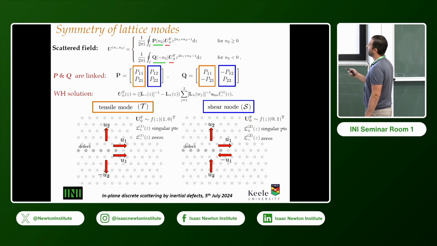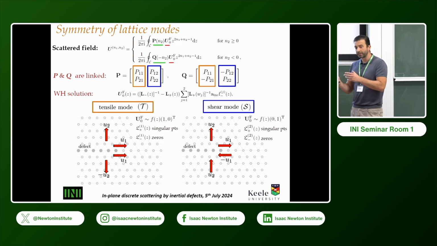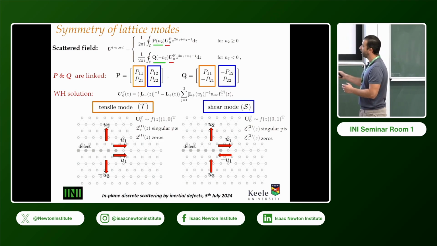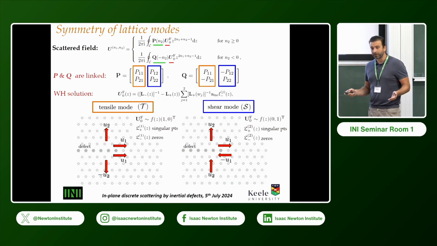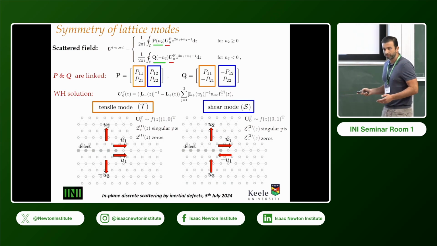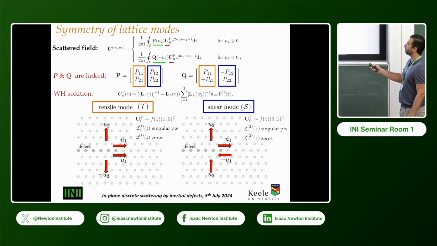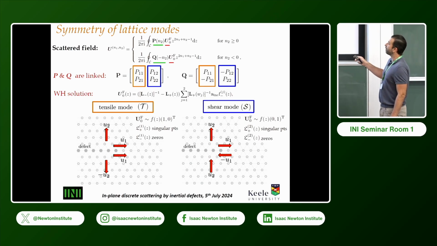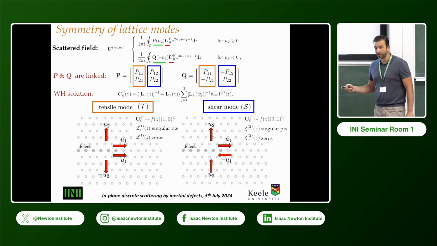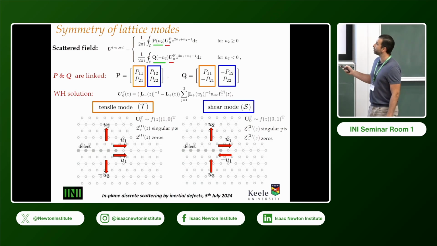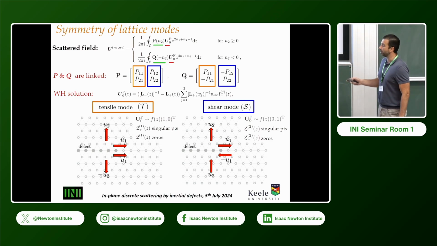In fact, for a majority of its singular points, U0F behaves like some singular function f multiplied by (1, 0) or (0, 1). It just happens that way. And P and Q are related in this way. The off-diagonal components of Q are the same magnitude but opposite sign to the ones in P.